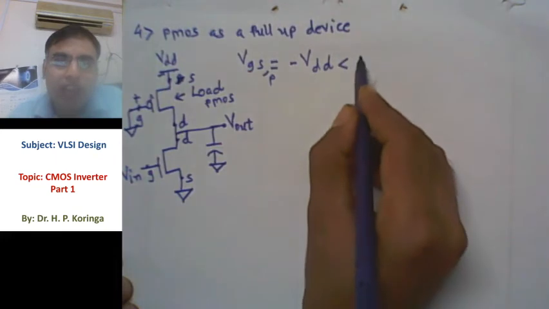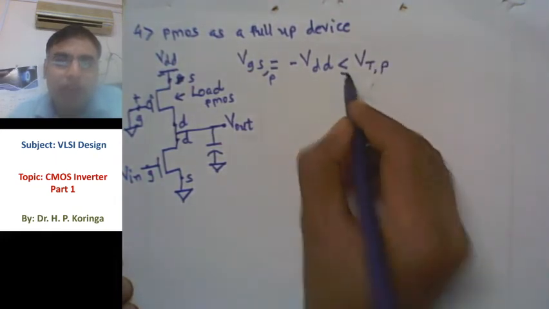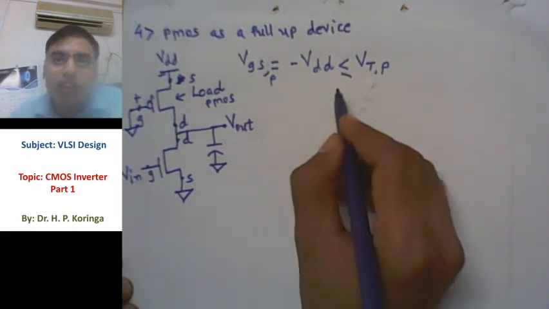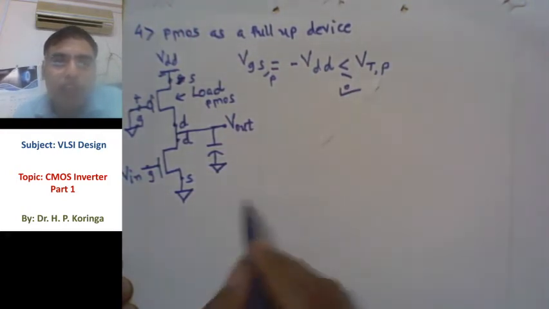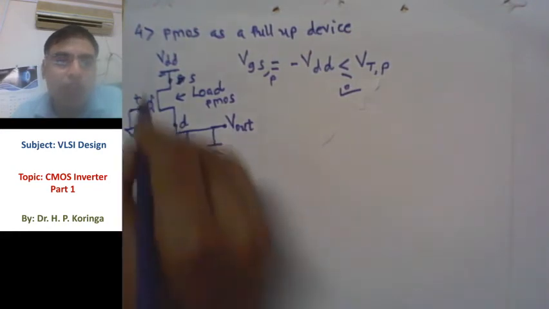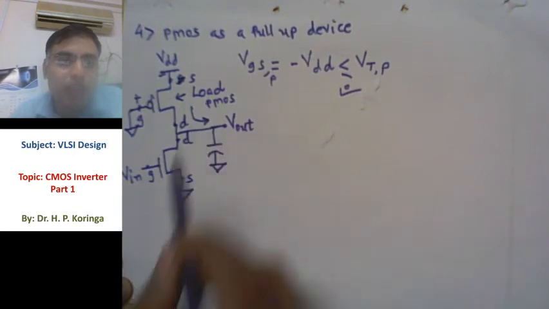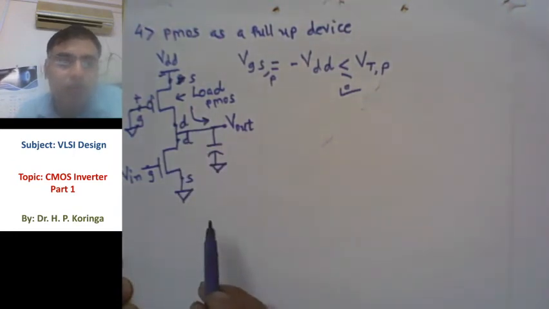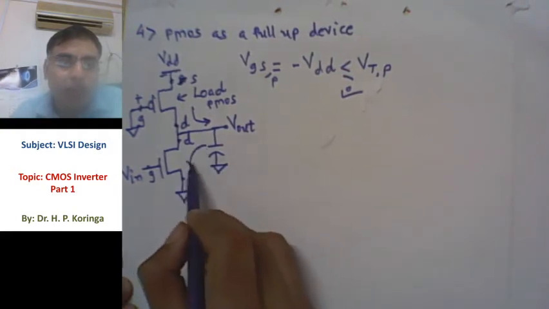So this condition is satisfied. That means the P MOSFET always operates in the linear or saturation region. So it is always conducting, and it works as a pull-up device. It pulls up the output logic, and the driver MOSFET works as the pull-down device.